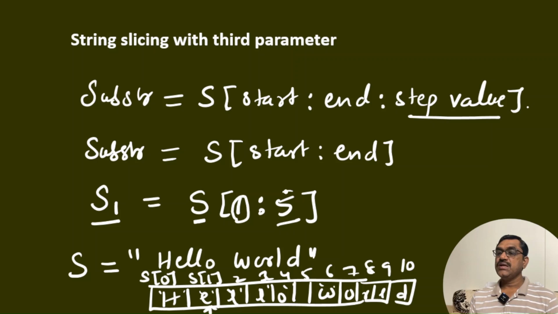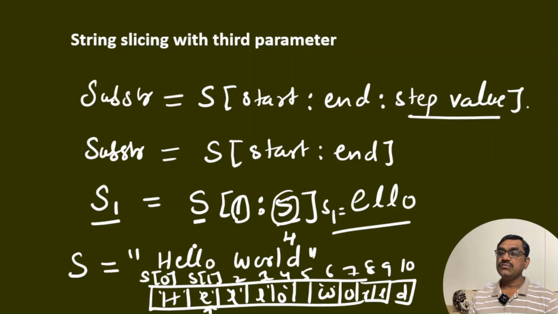When we mention the end index 5, we are going to get up to less than 5, that means 4. We are starting from 1 and going up to 4. That is E, L, L, O. We are going to get the substring E, L, L, O, which is stored in the string s1.